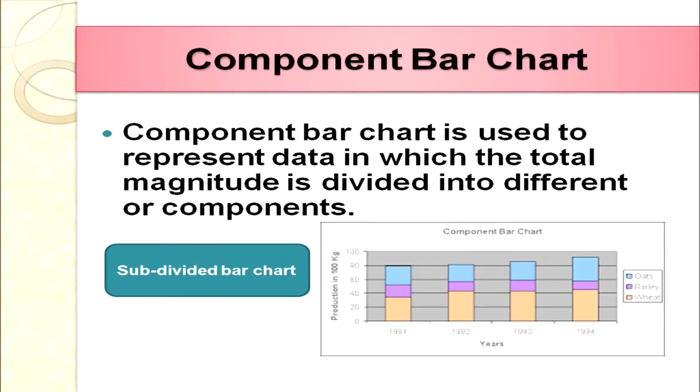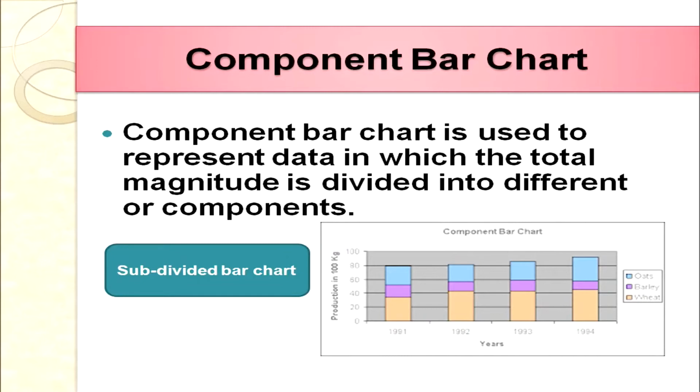Now let's discuss the component bar chart. Very important. How will I come to know whether I have to make a component bar chart or a multiple bar chart? Why am I saying this? Because in a component bar chart also, two data or more than two data is given to us.